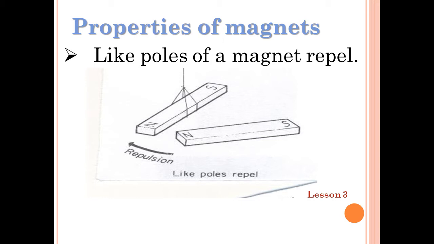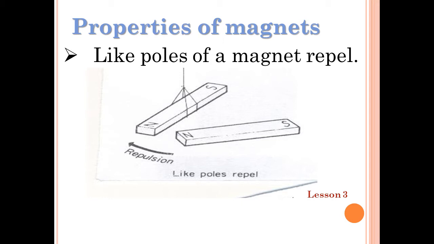Earlier on, we learned that magnets have two ends called poles, the North Pole and the South Pole. When you bring the poles which are alike near one another, they will always refuse to come together, and that is what we call repulsion.